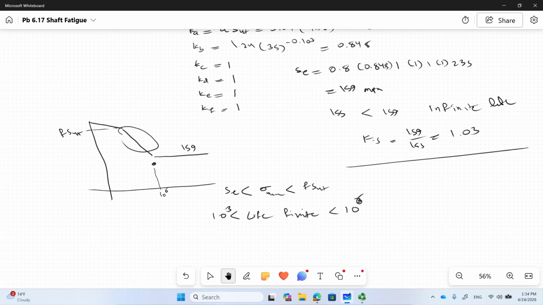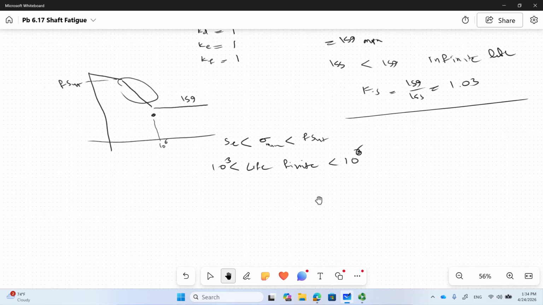If that was the case, then you had to find the life. You can use this equation: sigma equals a n to the power b. And I did an example like this in class. So b was negative 1/3 of log of f SUT divided by Se, and then a was f SUT squared divided by Se.